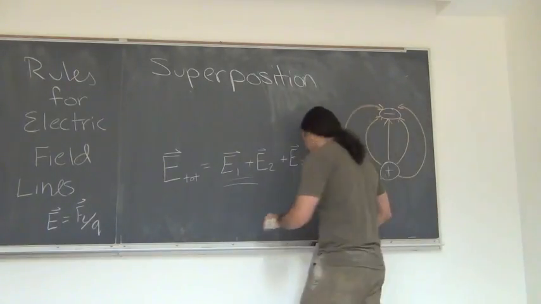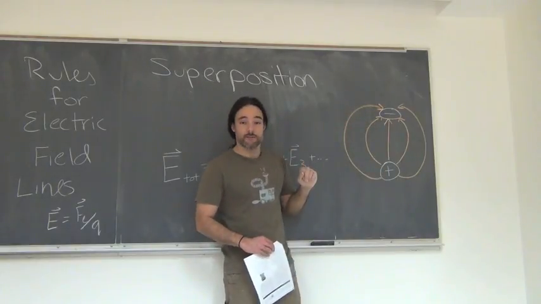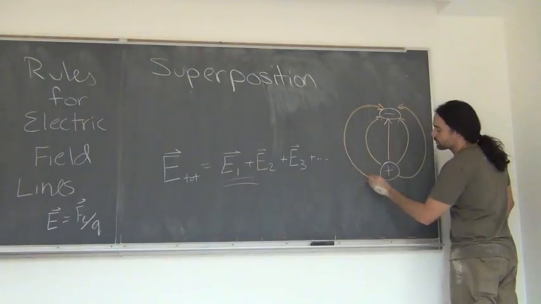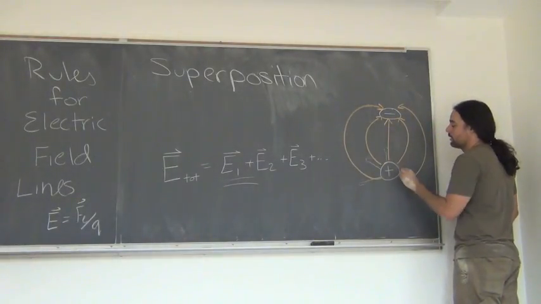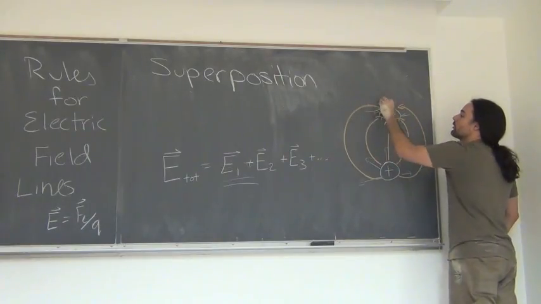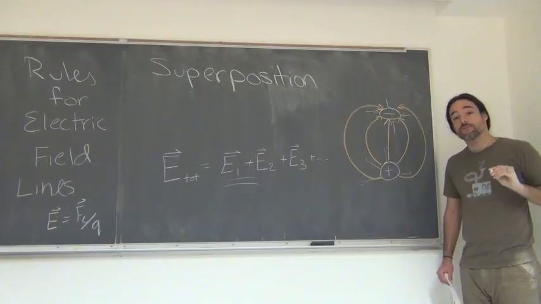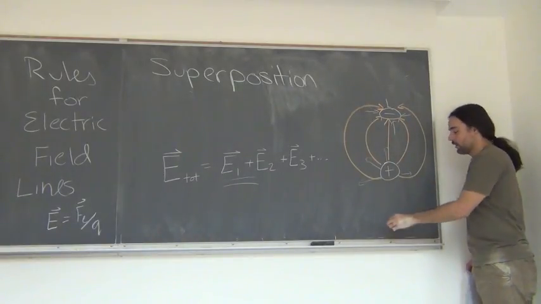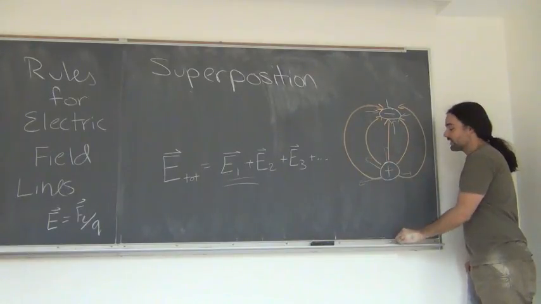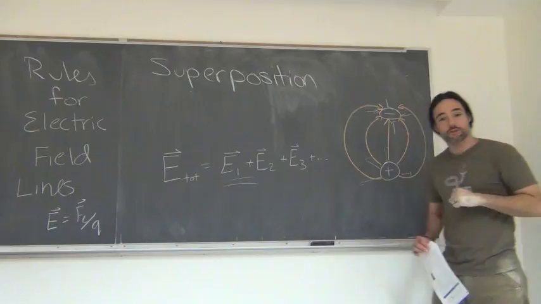So for example, if I have the electric field from a positive charge and a negative charge, I know the electric field comes out of the positive charge in all directions, goes into the negative charge in all directions. But if I add the sum of those two vector fields, what you get is something given by these orange lines, which essentially says that the electric field comes out of the positive and gets sucked into the negative charge.